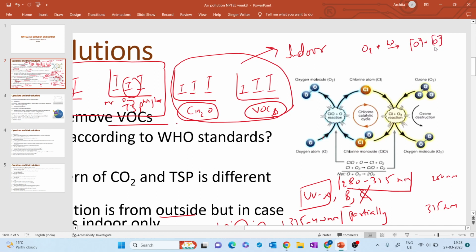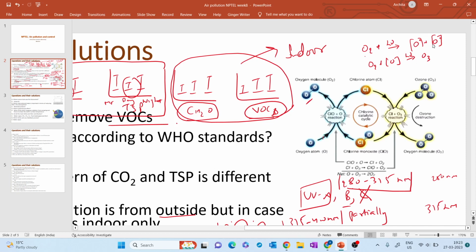These atoms will react with oxygen further and give ozone. Now what is happening is that this ClO is not letting it react with the oxygen.